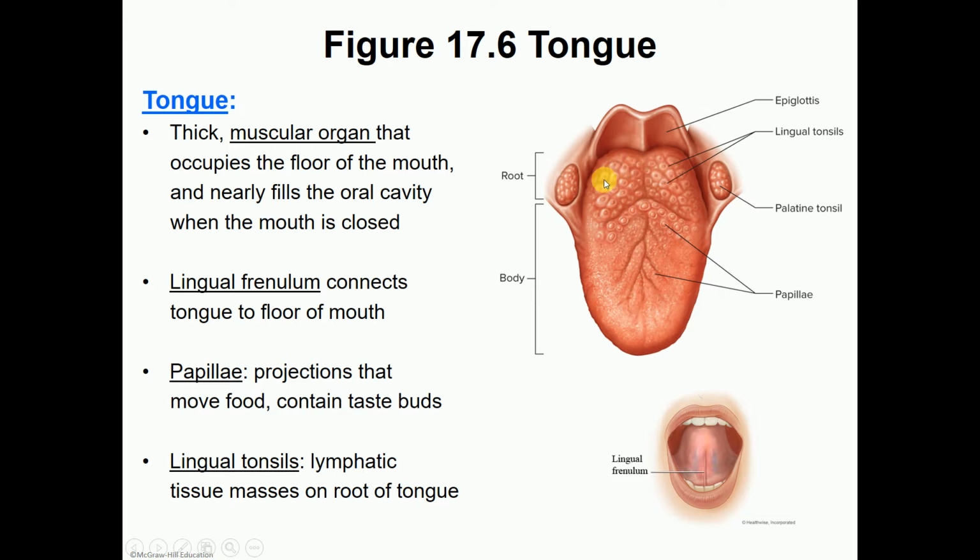All the way towards the back of the tongue, very deep towards the back of the throat, you'll find tonsils, and those are known as the lingual tonsils. On either side of the tongue, you will find another pair of tonsils known as the palatine tonsils. So by default, when we say that somebody had a tonsillectomy or removed their tonsils, we're actually talking about these palatine tonsils, but we do have other tonsils, and we're going to talk about that as well.